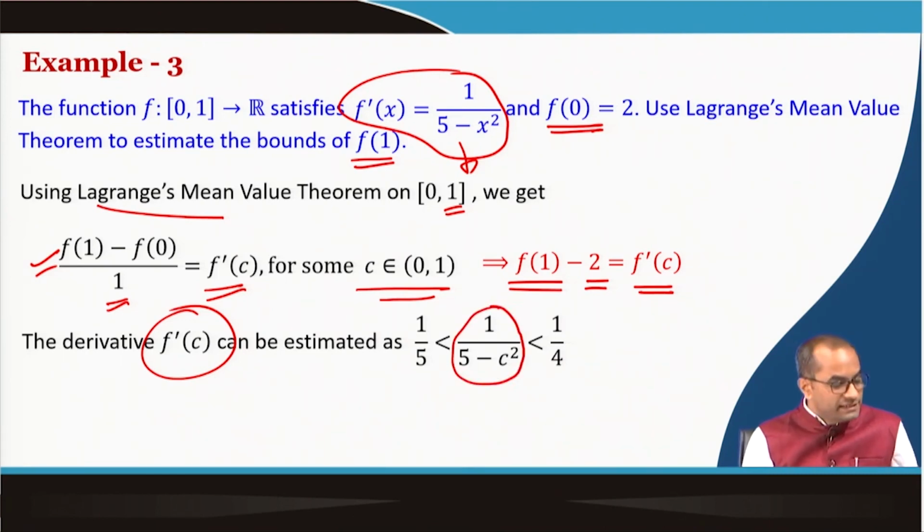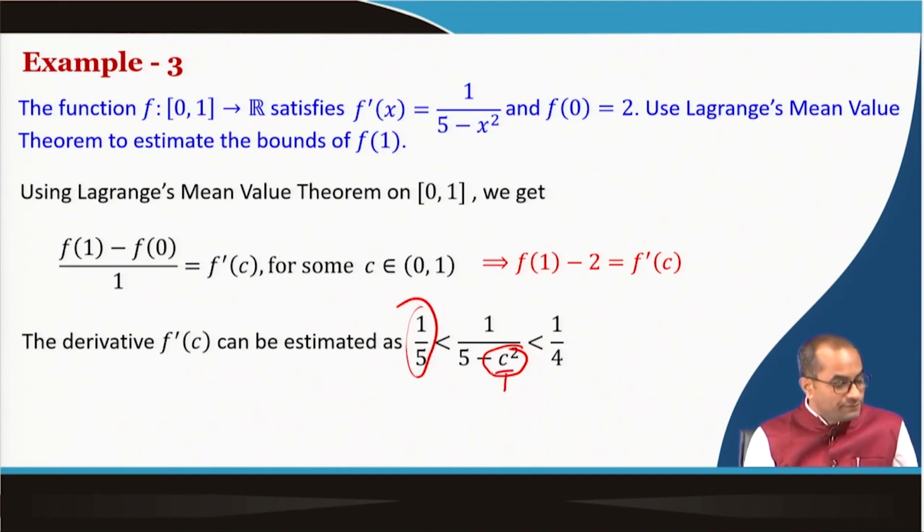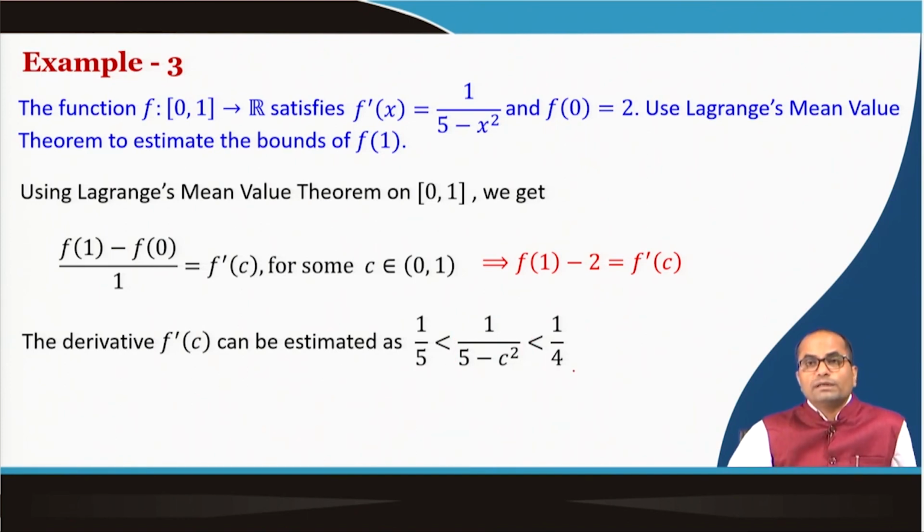When c is 0, the denominator is the maximum, 5, so we have the lower bound 1 over 5, and when you put c to 1, we have the minimum value in the denominator, that will lead to the upper bound, that is 1 over 4. So, this derivative here is between 1 by 5 and 1 by 4, that information we know from the derivative now.